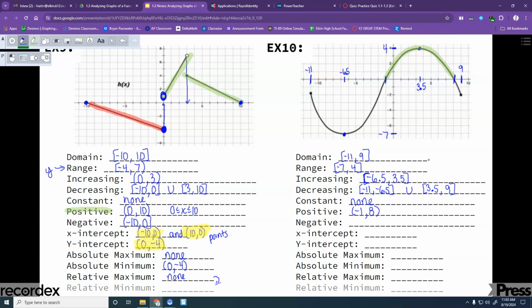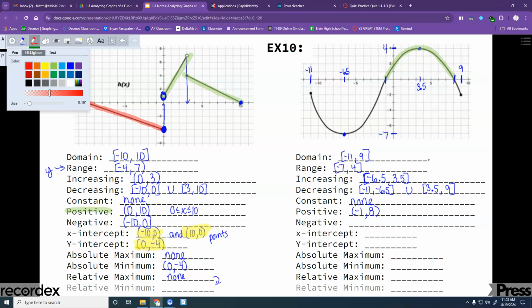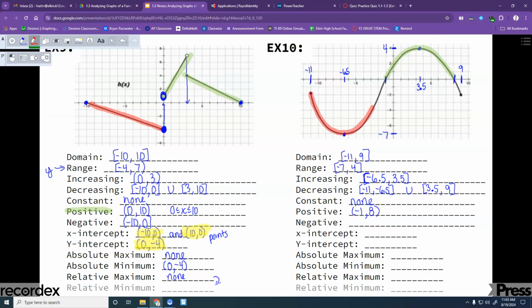And then the negative sections of this graph are going to be here, and this little tiny piece right here. So this first piece goes from negative 11 over to this point right here, which was negative 1. Oh, I should use parentheses right here. And then over on this side, 8 to 9.